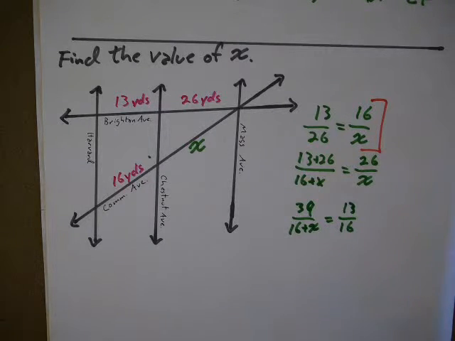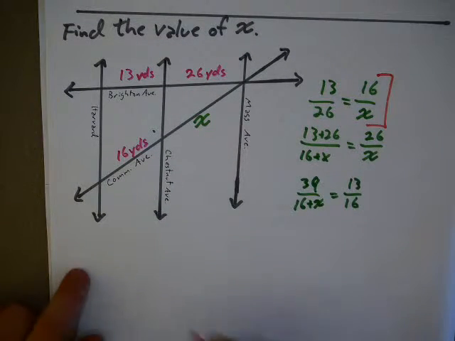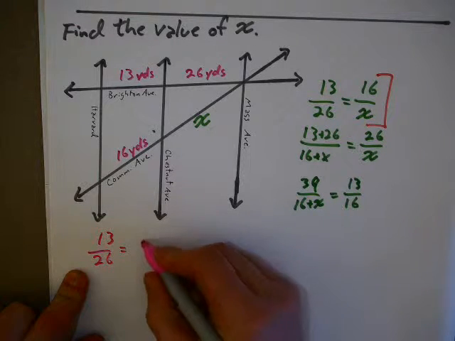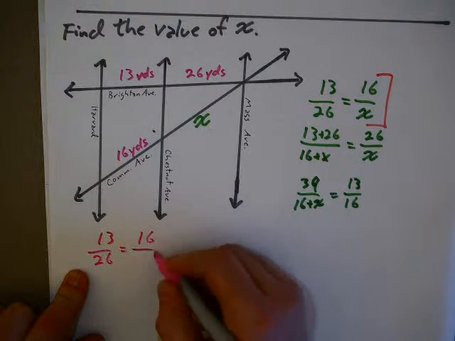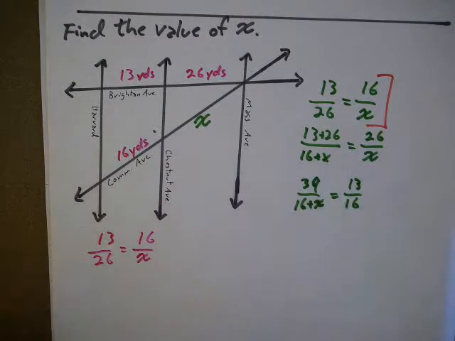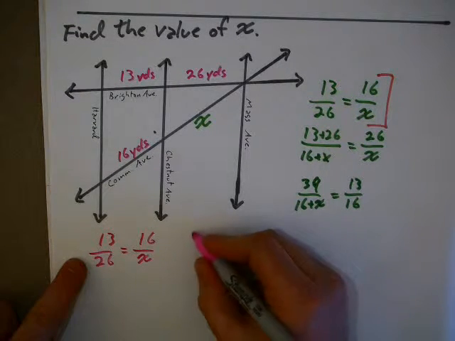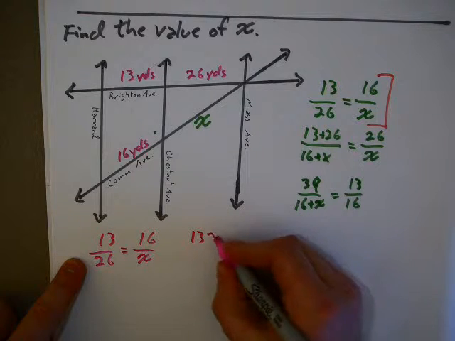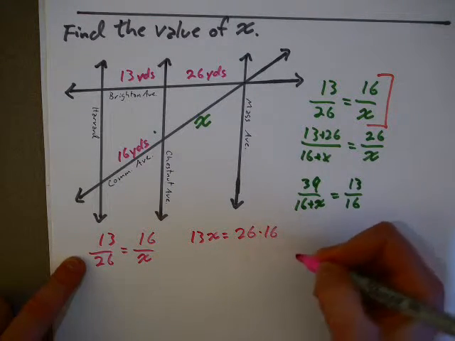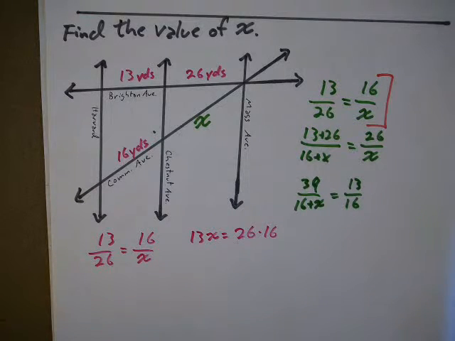It's going to be 13 over 26 equals 16 over x. Now, I can cross multiply here, and so I would get 13x equals 26 times 16, but off the top of my head, I don't know what that is.